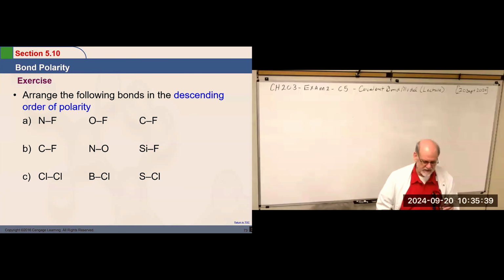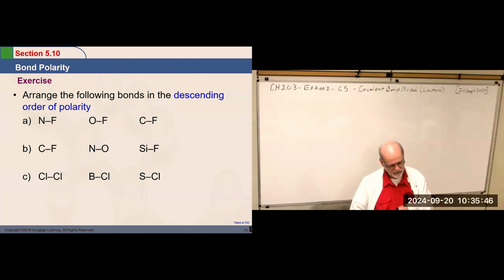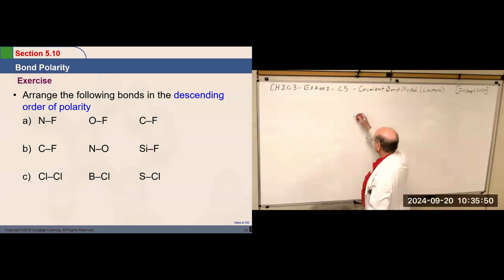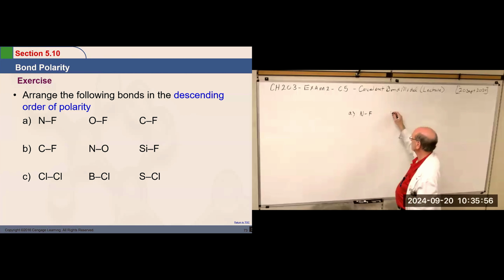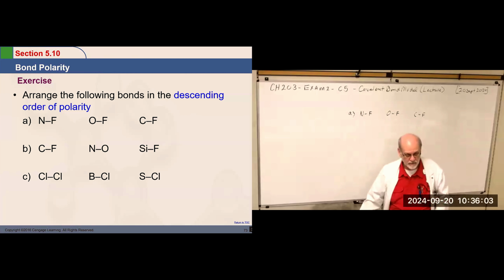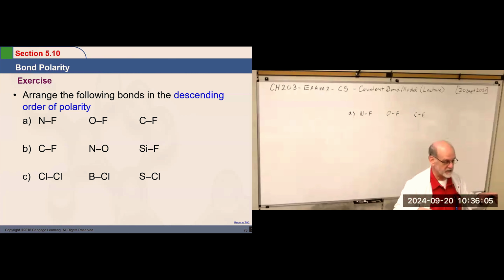So if we arrange these following bonds in descending order of polarity, in other words, the most polar to the least polar. The nice thing about A is we've got different molecules attached to the same atom, carbon. Okay. So the most polar is going to be the one where they're further apart from each other in the table. Carbon and fluorine would be the furthest apart, wouldn't they?